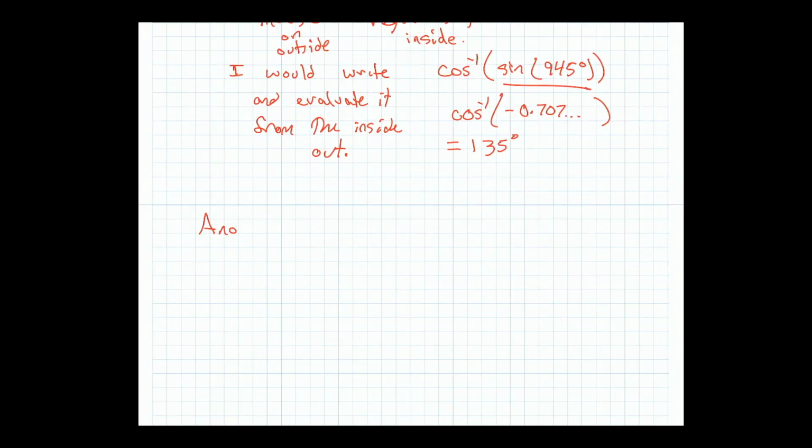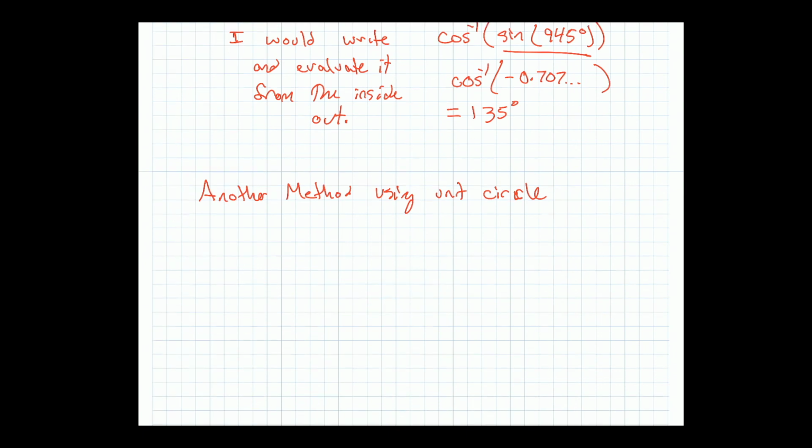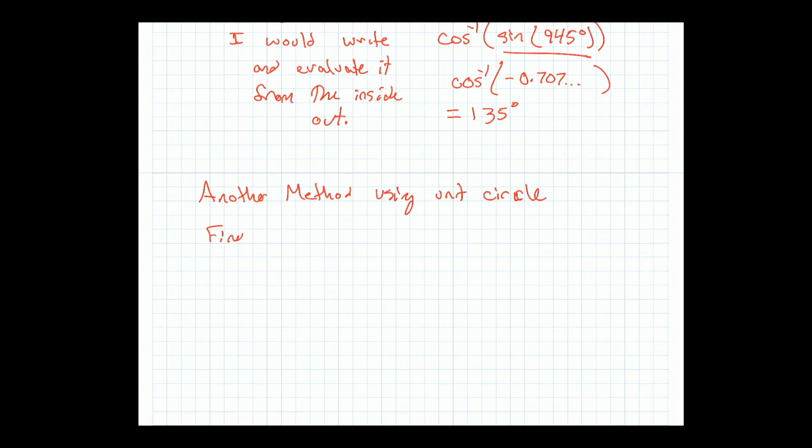So another method using the unit circle, which is going to be significantly harder to do, but we can do it. So we can find 945 degrees on the unit circle.